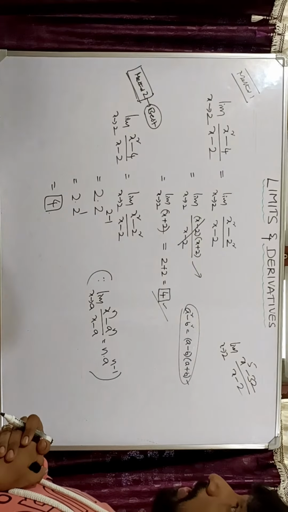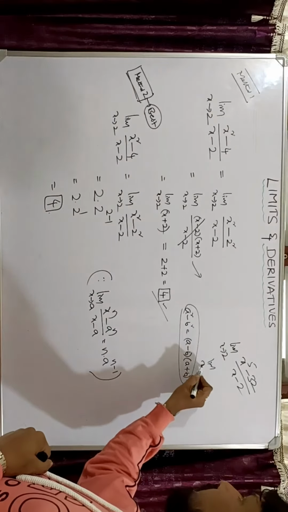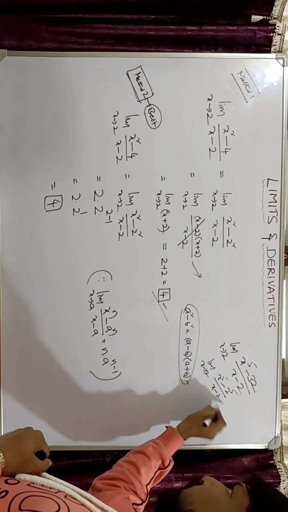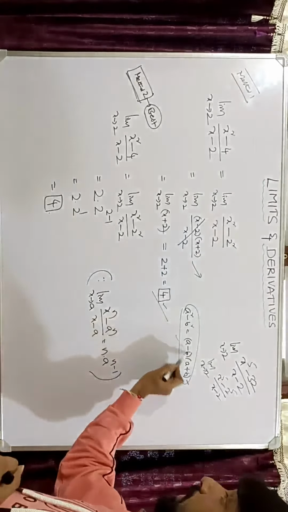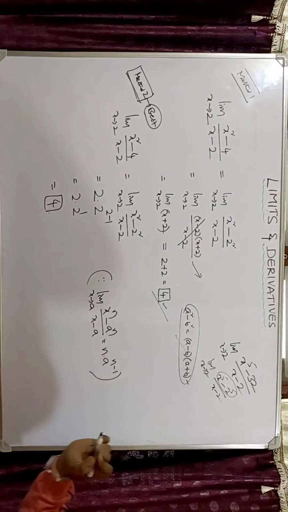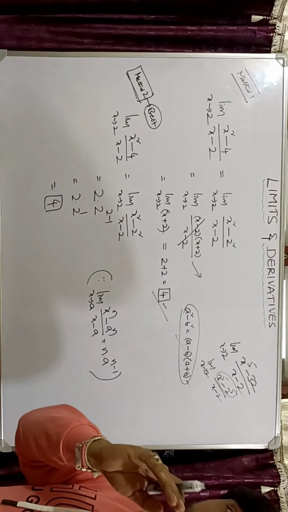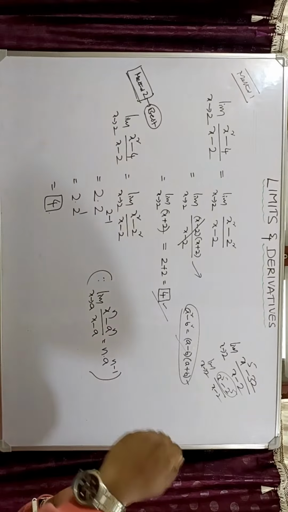If you go by method 1, this can be written as limit x tends to 2, (x power 5 minus 2 power 5) by (x minus 2). Here the formula a square minus b square you apply nicely, but here the formula is a power 5 minus b power 5. That is very difficult for you. You would have to write a minus b into the remaining part, so that formula is difficult.